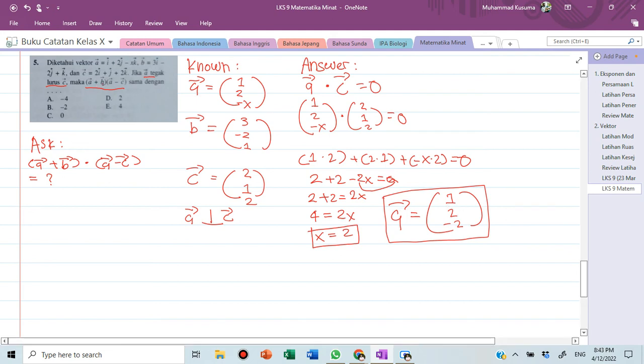Now we go back to the main problem. What is the value of (a plus b) dot (a minus c)?